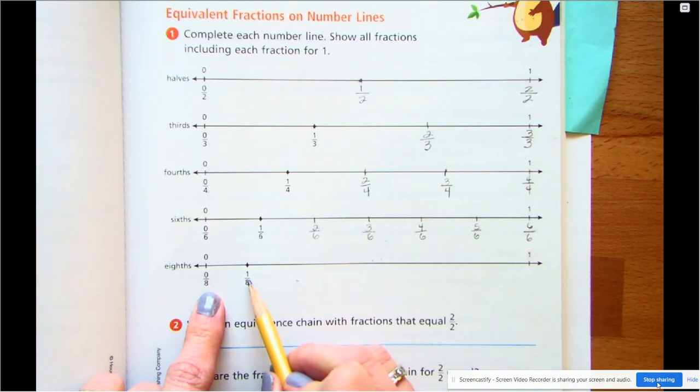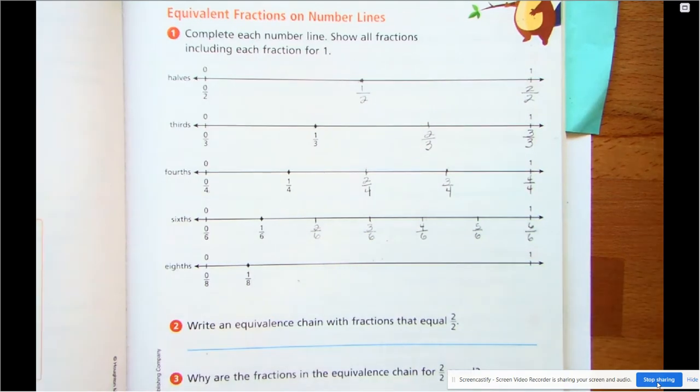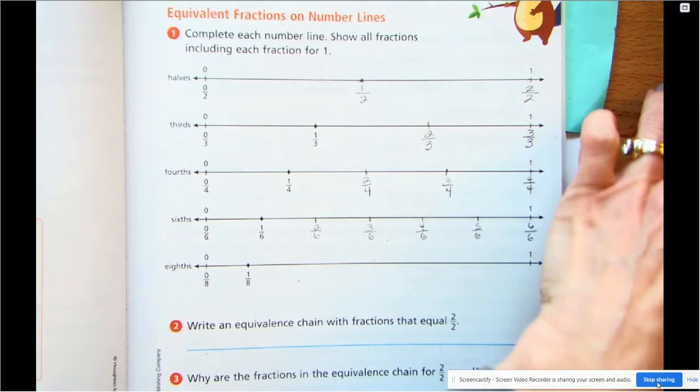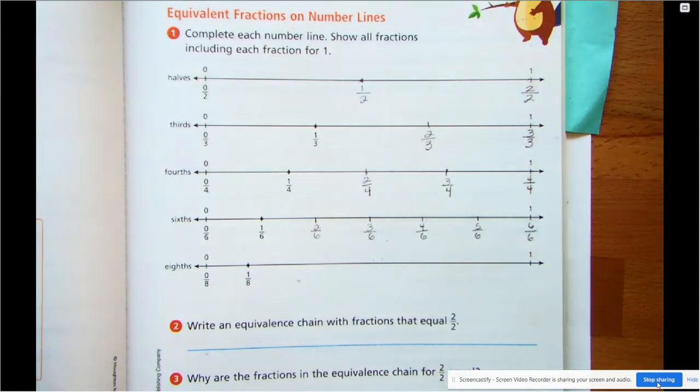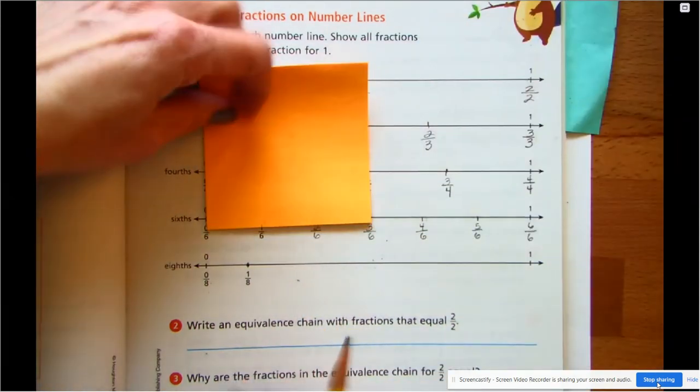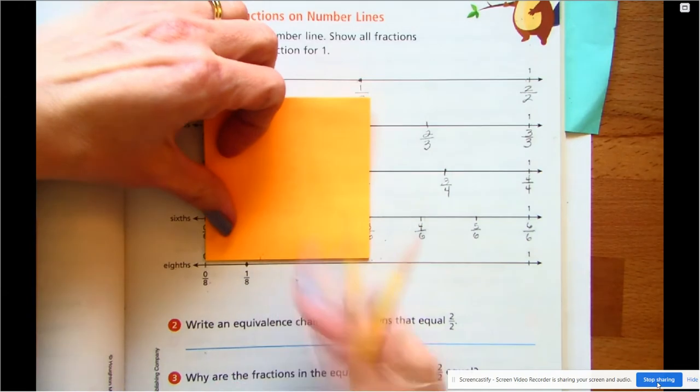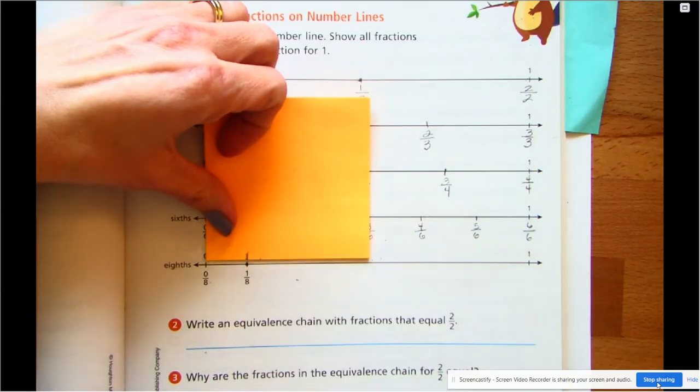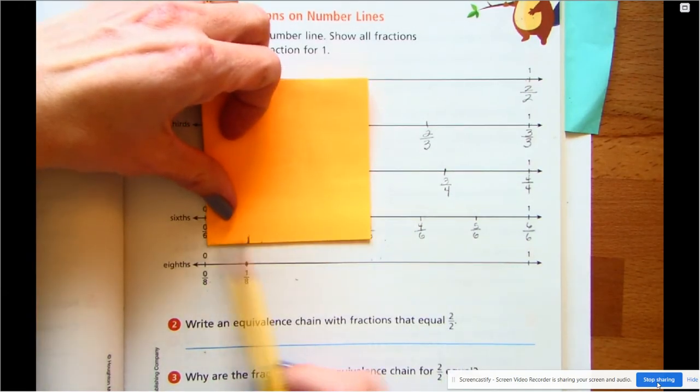Now this one is in 8 pieces because my denominator tells me, right, that it's in 8 pieces. So I'm going to erase that spot on my sticky note and I'm going to make a new mark. So this amount is a unit fraction. It's 1/8.